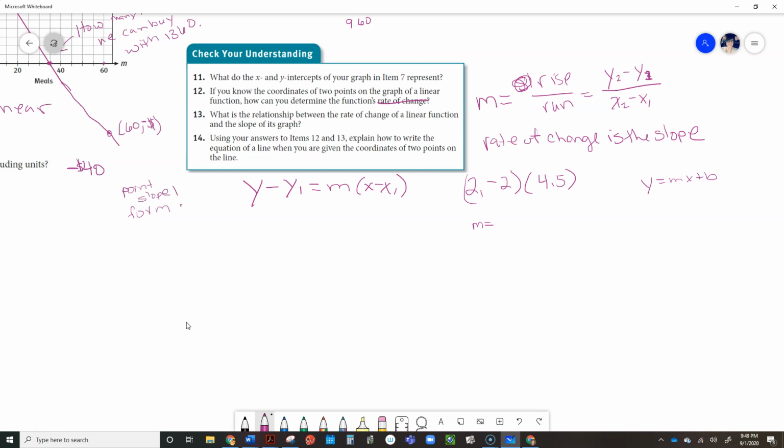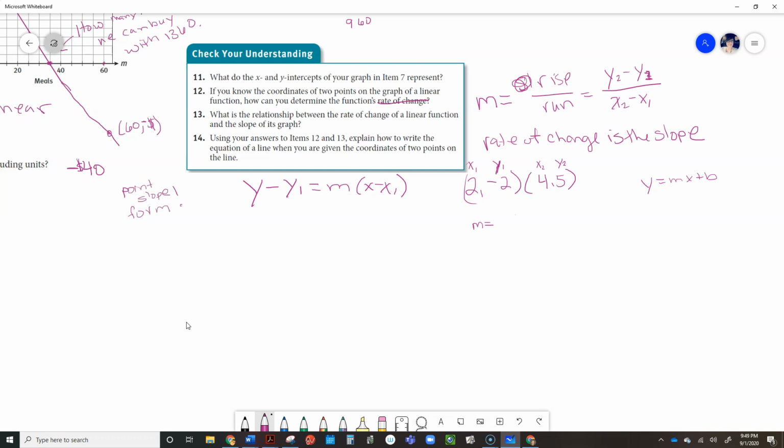It does not matter. But once you decide if this is point 1, then this is your x1, this is your y1, this is your x2, and this is your y2. Again, it doesn't matter. I could have called this point 2 and this be point 1. It's all going to work out the same in the end.